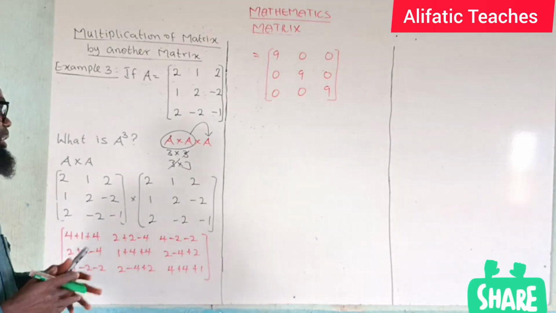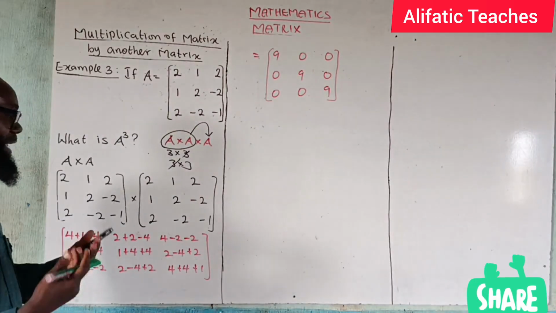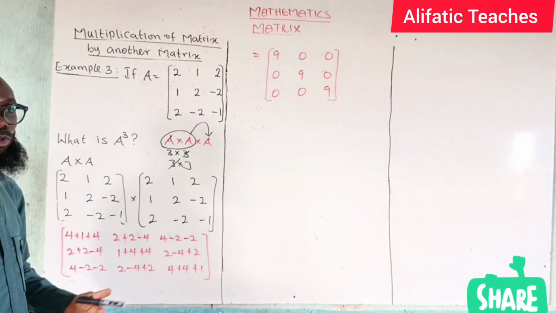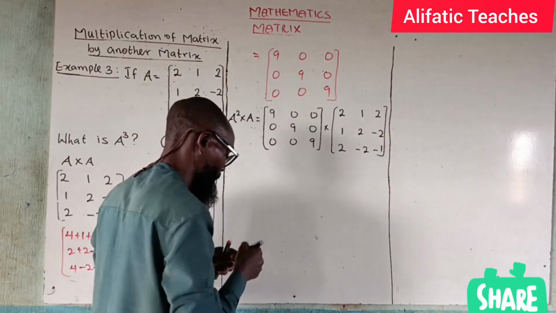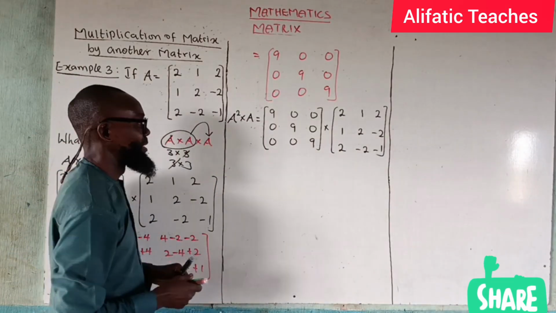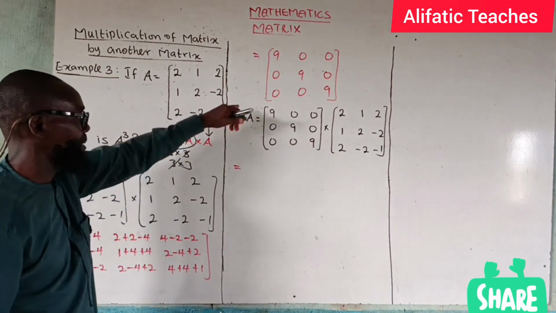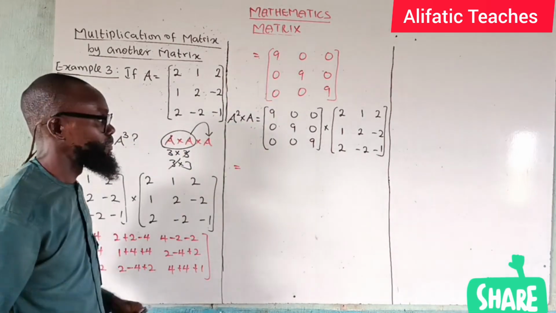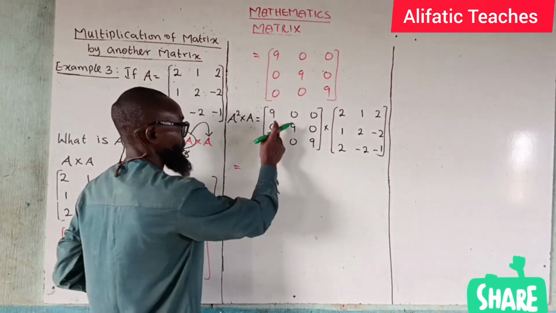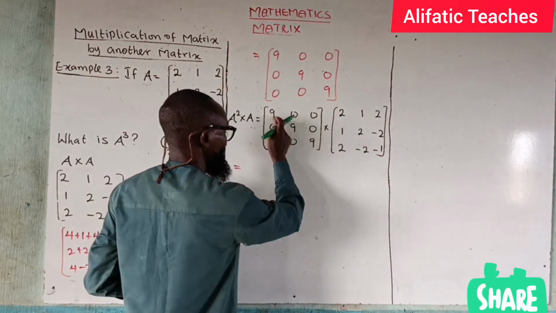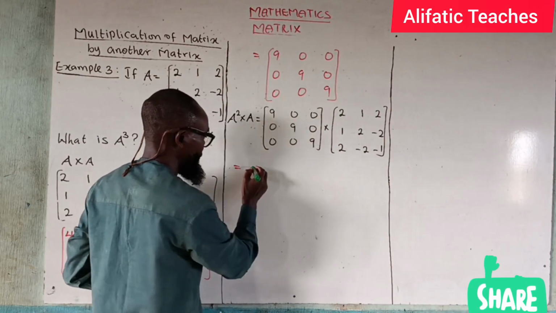Now we multiply A by the third A, the remaining A. So let's do that operation as well. Now, the last stage is to multiply this answer with the remaining A. So let's move on. First row, first column. 9 times 2, I have 18.